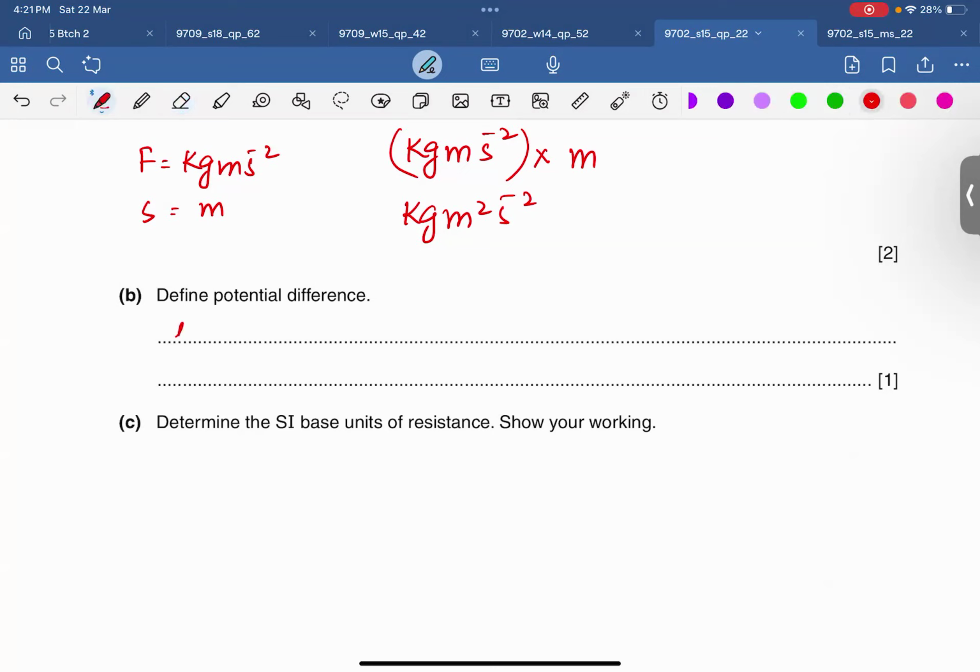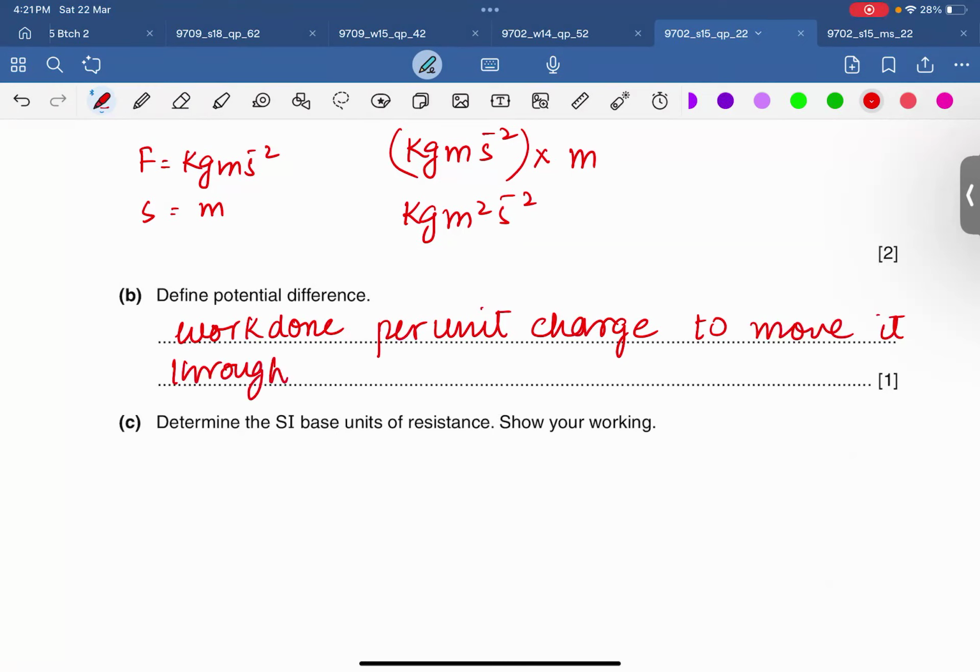So it is a work done per unit charge to move it through the component. Okay.